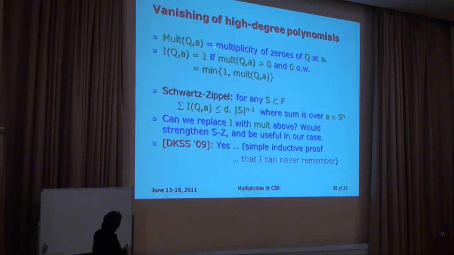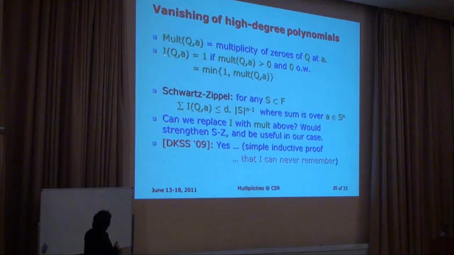So a little bit more about the multiplicities. The multiplicity of a polynomial Q at some point a is just notation for saying how often it vanishes at the point a. So a is an n-dimensional vector. Q vanishes at this vector a with multiplicity m if all the partial derivatives of order less than m are 0.